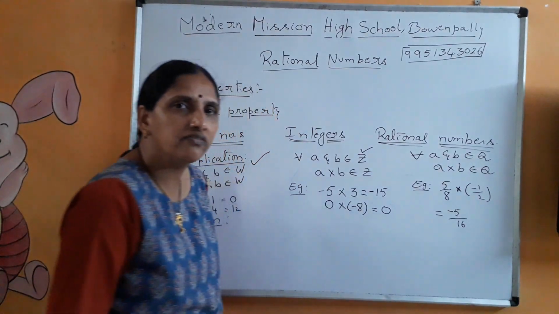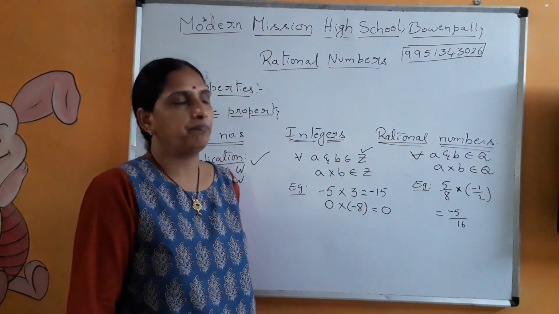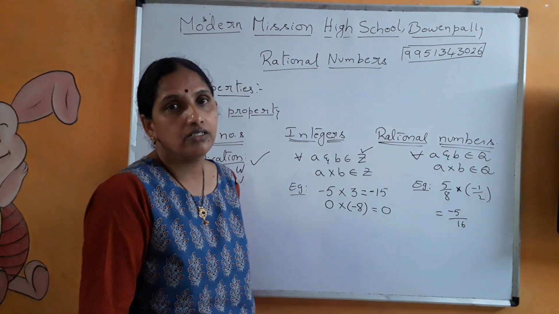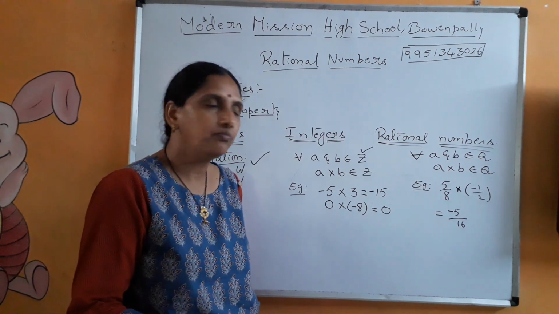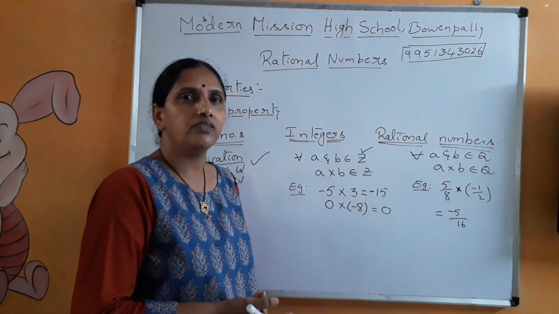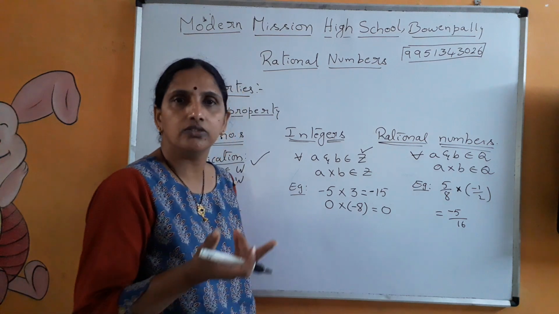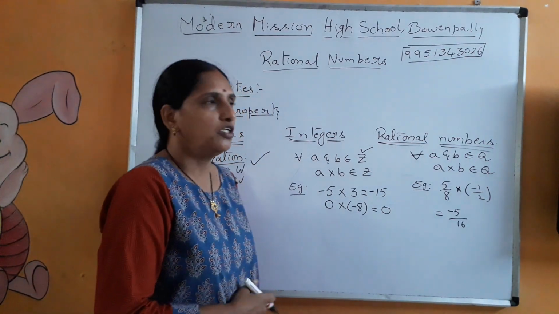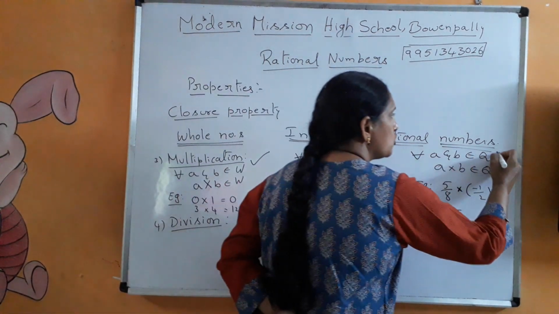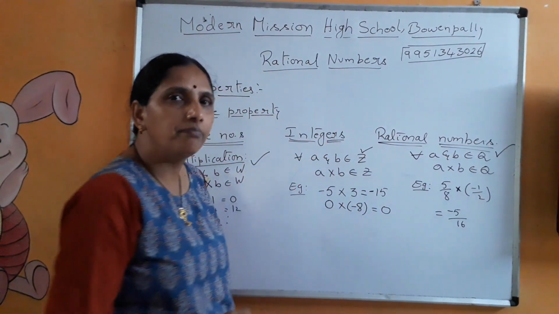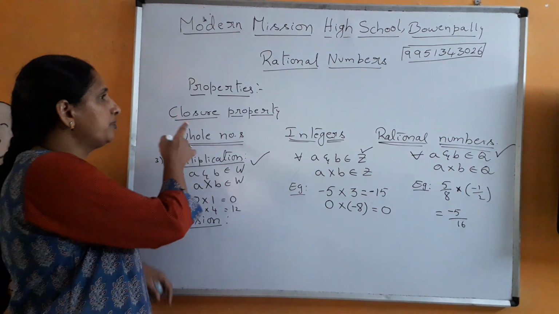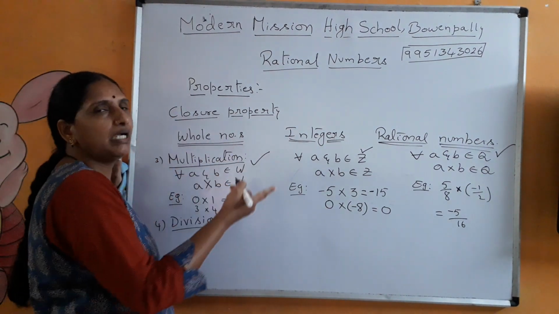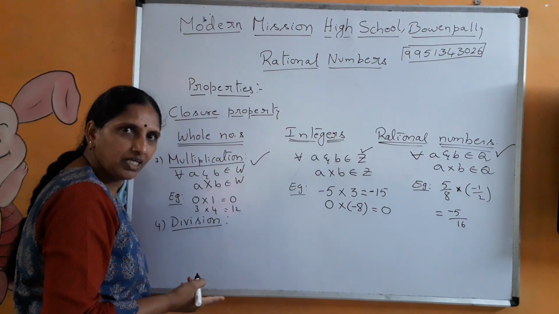So minus 5 by 16. Is it a rational number? Yes, it is a rational number. P is minus 5, Q is 16, Q is not equal to 0, therefore it is a rational number. So therefore, it is true. Rational numbers obey closure property under multiplication. Clear?